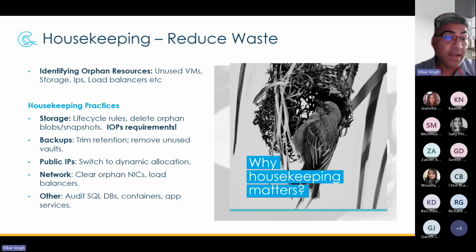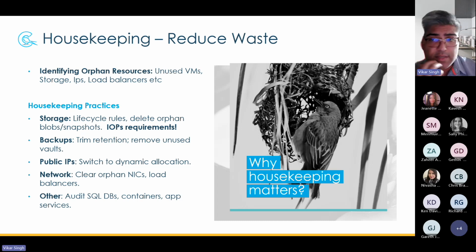If we have any old backup vaults that aren't being used, that were migrated from, like I mentioned, dev testing servers that were backed up for whatever reason, or old stuff, we need to be looking at deleting those from the vault, because again, we are paying for this every single month. If we have a whole bunch of IP addresses that might be used at a later stage, but they have been provisioned and we can't delete them, and for whatever reason they have been set to static, a very simple way to reduce costs is changing that to a dynamic IP address if we need to keep it.